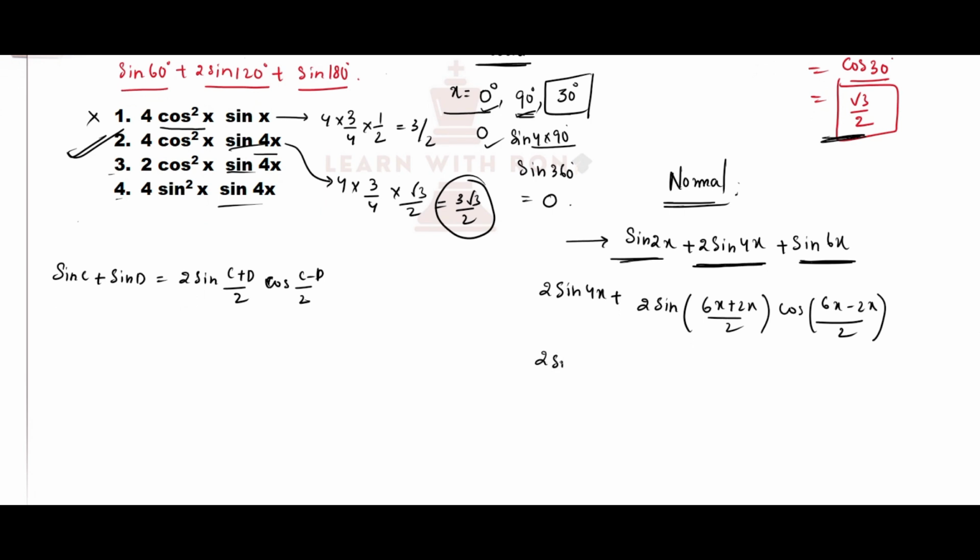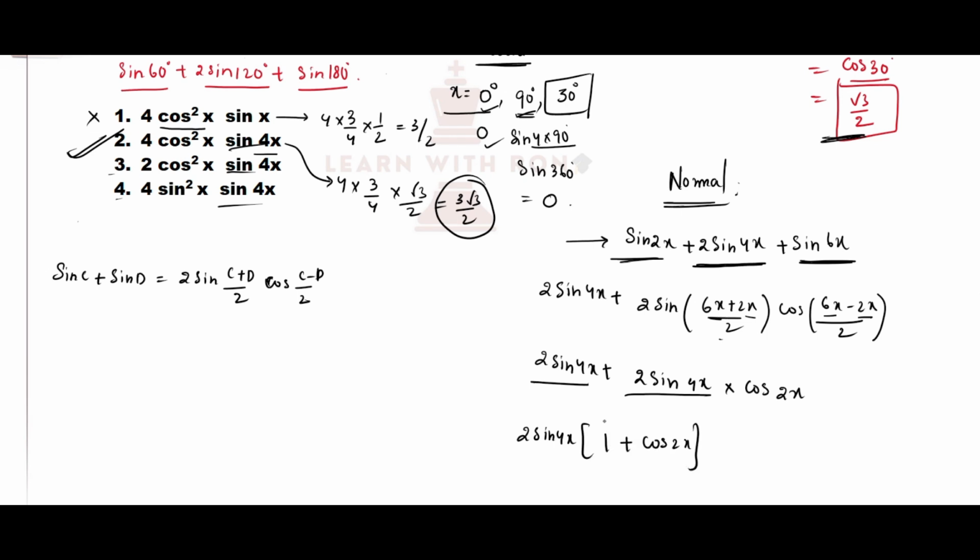Again 2 sin 4x plus, so we get 2 sin 4x multiplied with cos 2x. So we have 2 sin 4x as common. If I take 2 sin 4x as common, we are getting 1 plus cos 2x.